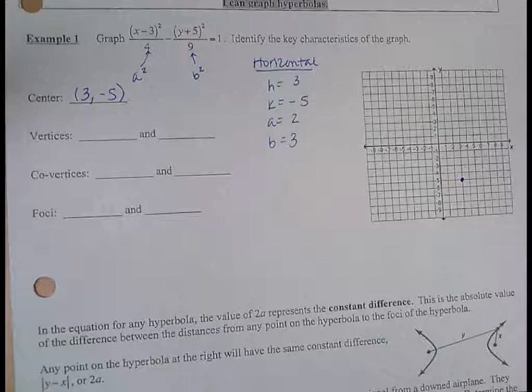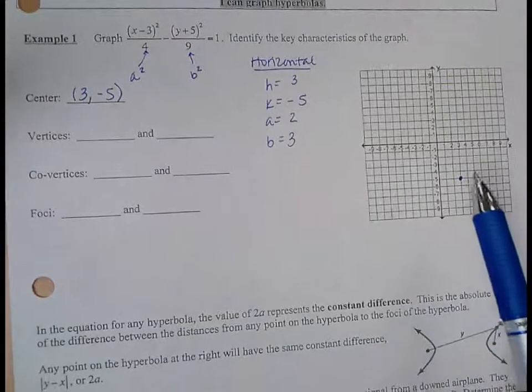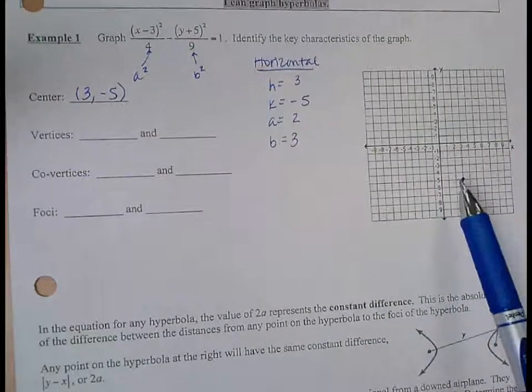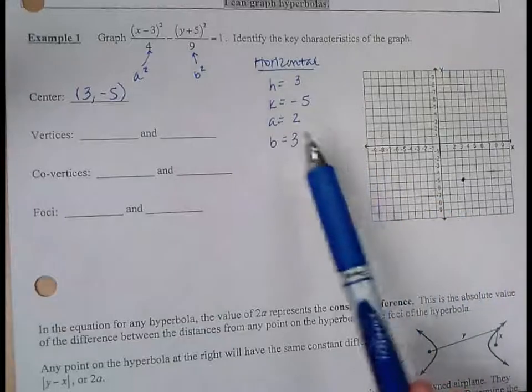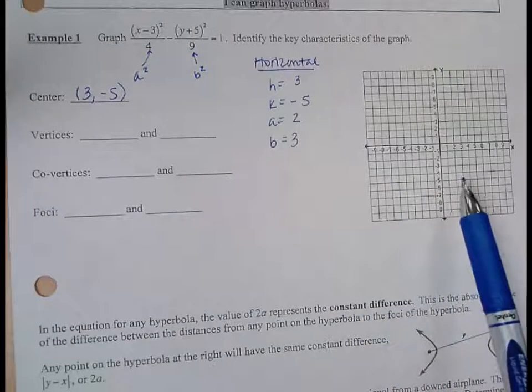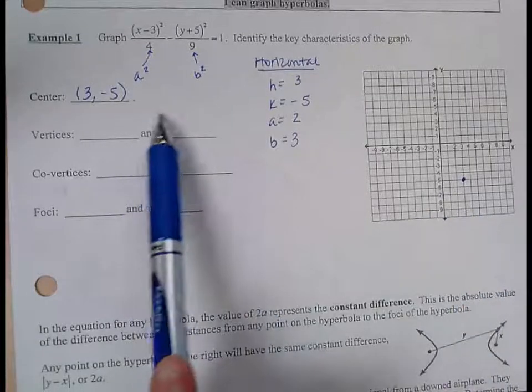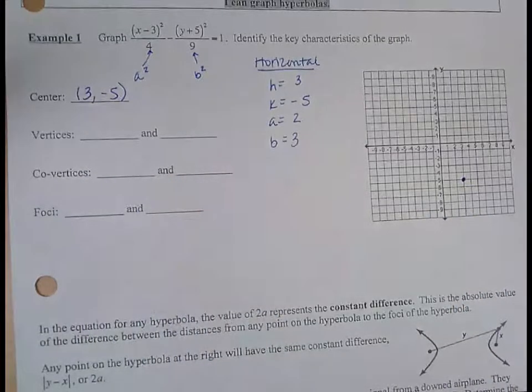You could use the formulas that are on your sheet, or also remember, if it's horizontal, your vertices are going to be to the left and to the right of your center, at a distance of a. So you could go 2 to the left, 2 to the right to plot your vertices, and then just make sure you're writing down the ordered pairs. However you do it is fine with me, as long as you have them written correctly and it's graphed correctly.